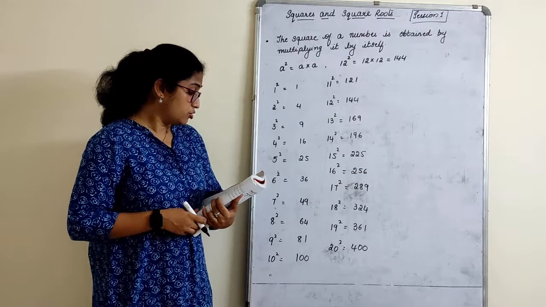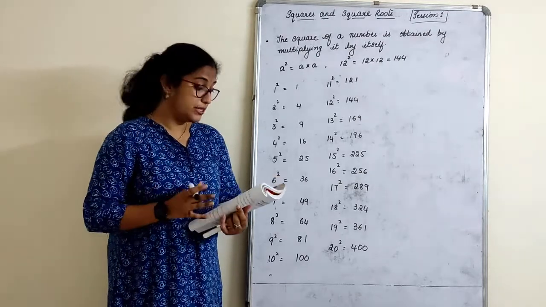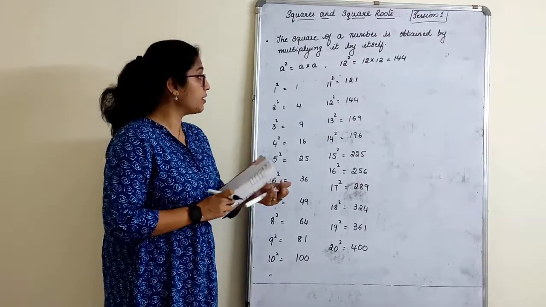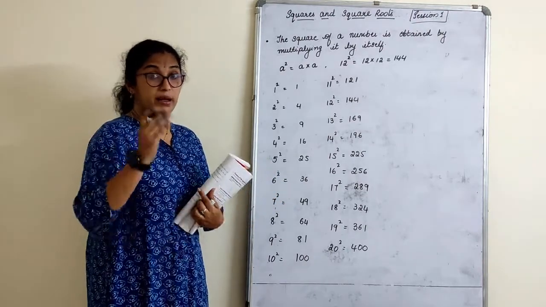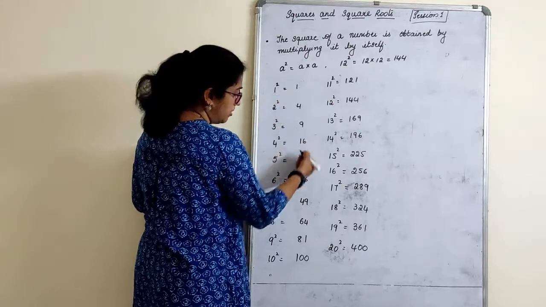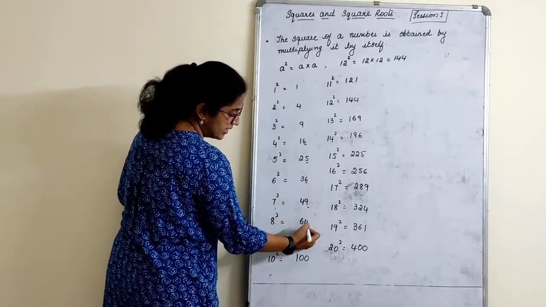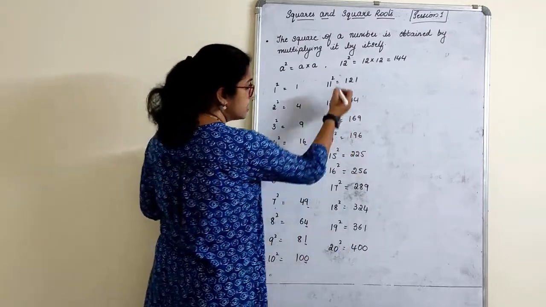Okay? So here children, to understand the properties, the first property tells that, let us see the unit digit of the perfect square numbers. So we have here 6, 5, 6, 9, 4, 1, 0. Same thing.